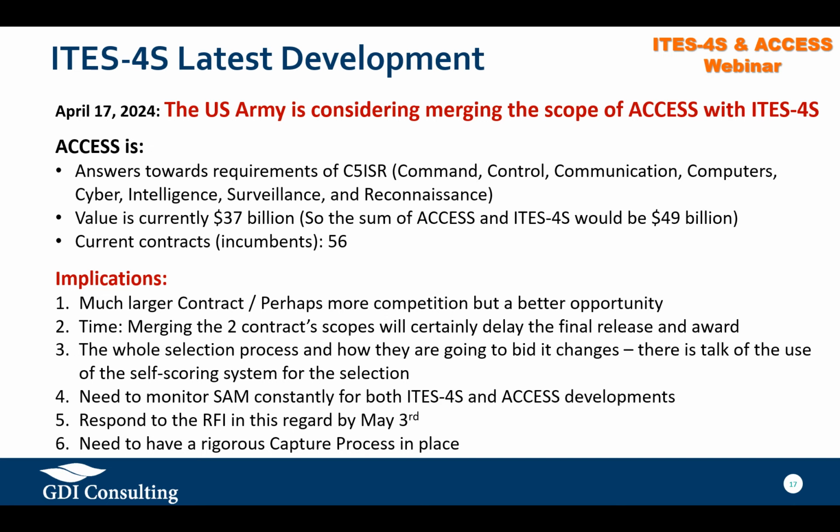I've also heard talk about use of self-scoring and the score sheet type, like Oasis or Alliant 3, Alliant 2. So it might turn into a self-scoring type, or it might be the traditional type that you write towards technical and past performance. But essentially, we have to see how they're going to put together the selection process.